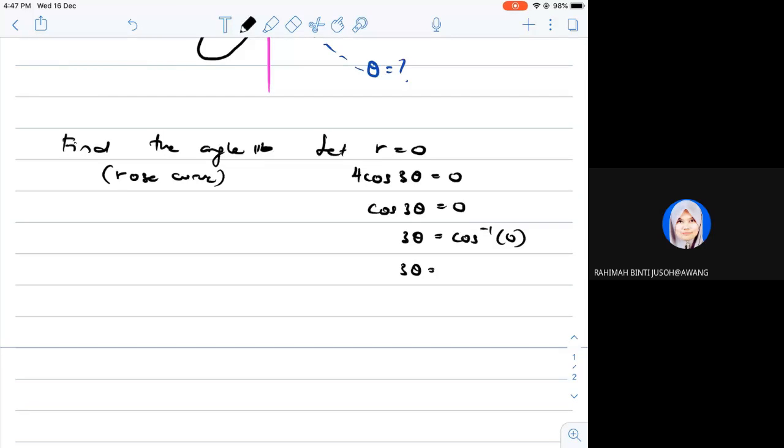What should you get if you use your calculator? 90 degrees, or pi over 2, yes. Therefore theta should be 90 divided by 3, so we have 30 degrees, or pi over 2 divided by 3, we have pi over 6.